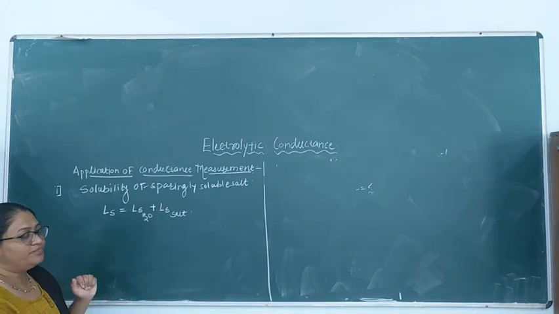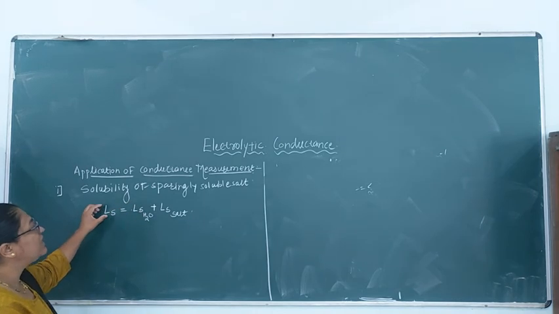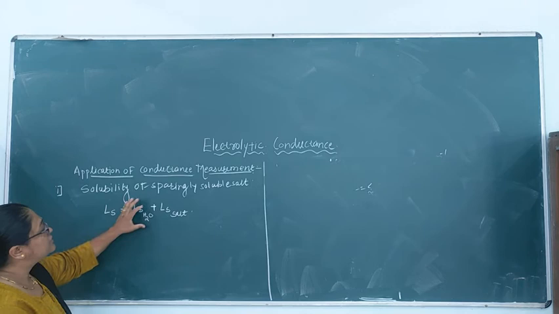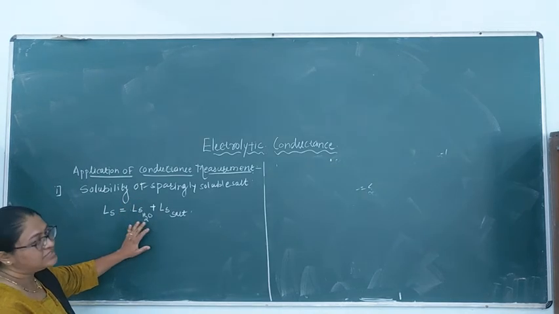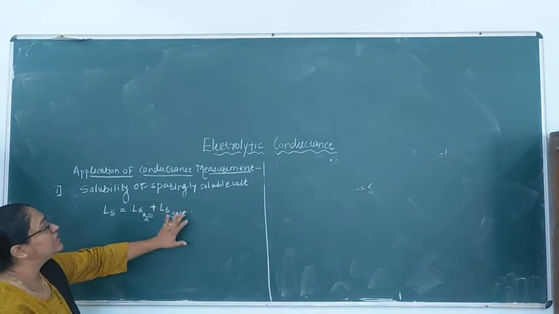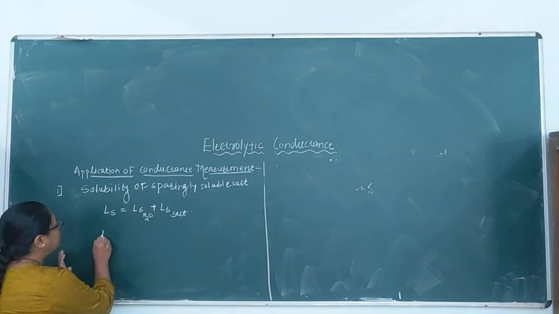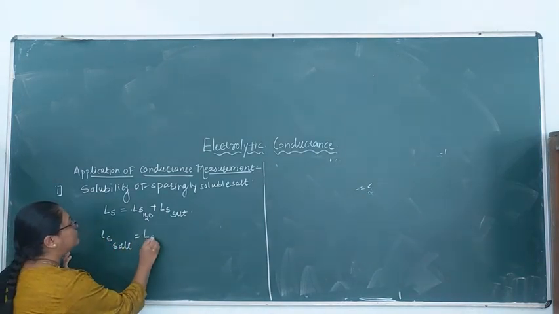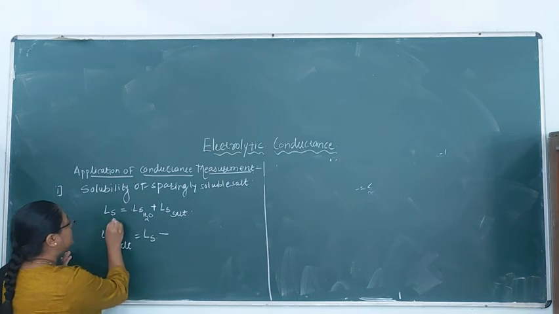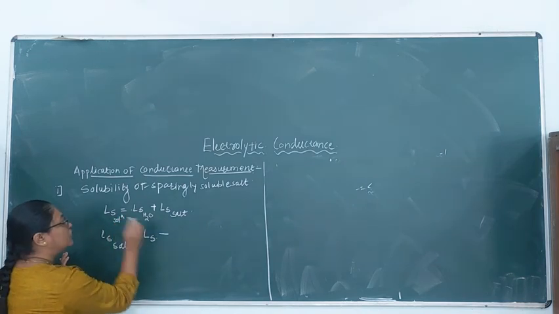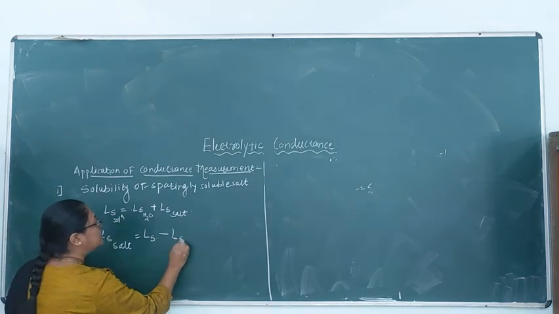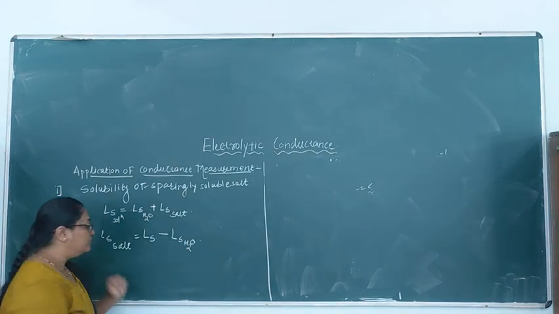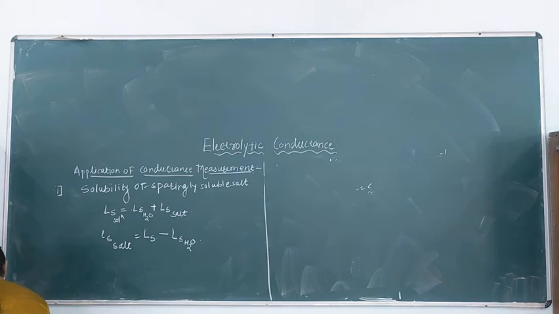So therefore, the specific conductivity of the salt solution is equal to the specific conductivity of the solvent used, that is the water, and the specific conductivity of the salt. Therefore, the specific conductivity of the salt is equal to the specific conductivity of the solution minus the specific conductivity of the water.